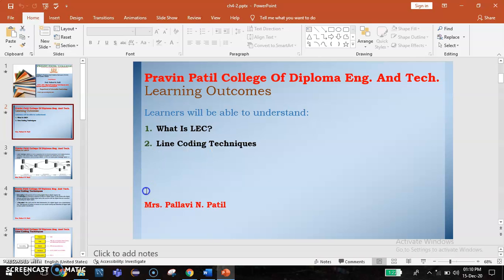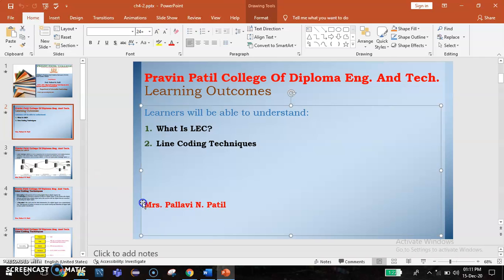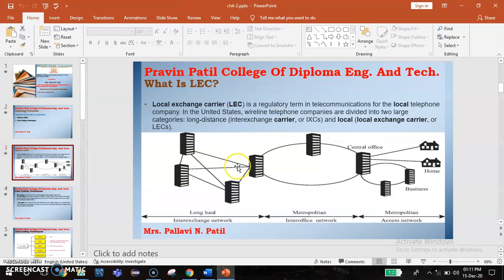Next, line coding technique. Let's see first, what is LEC. LEC means local exchange carrier. It is a regulated term in telecommunication for the local telephone company in the United States. The wireline telephone companies are divided into two large categories: long distance and local area.